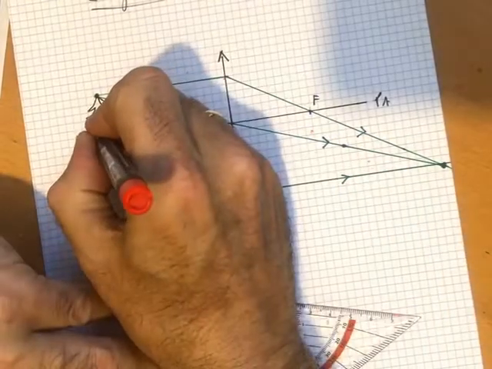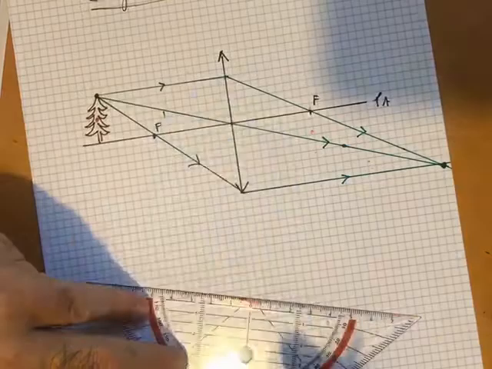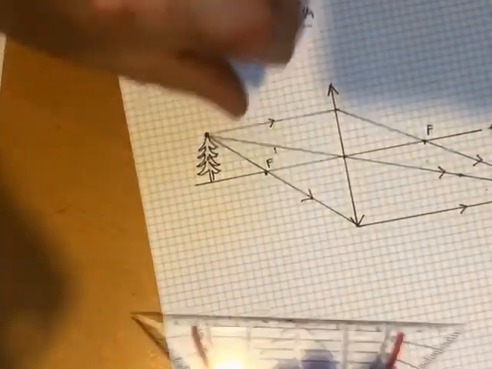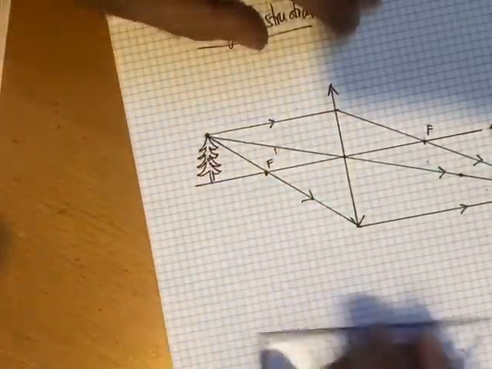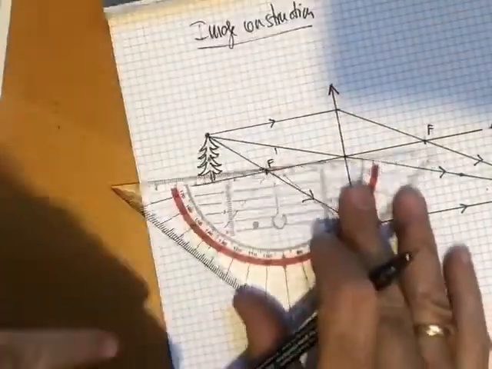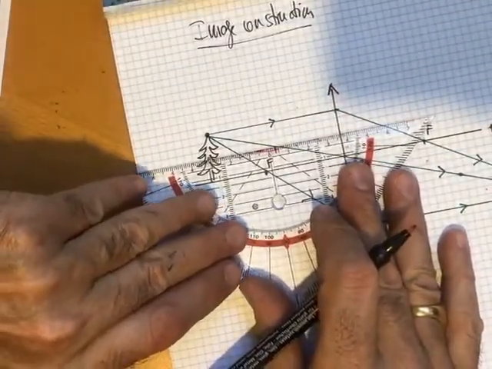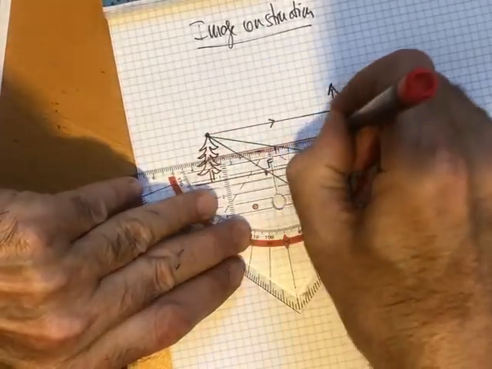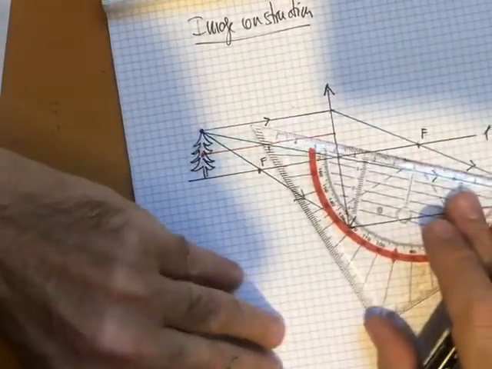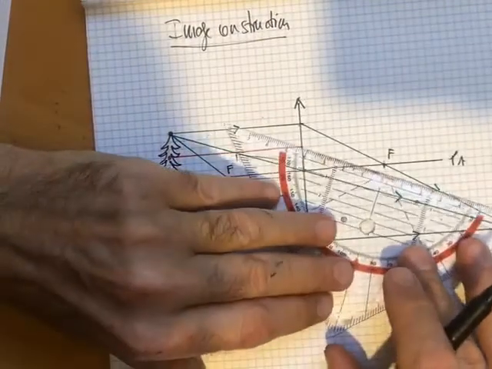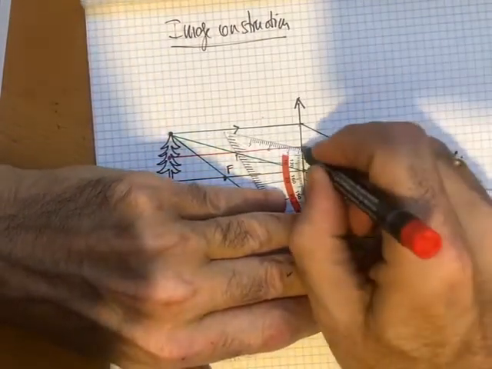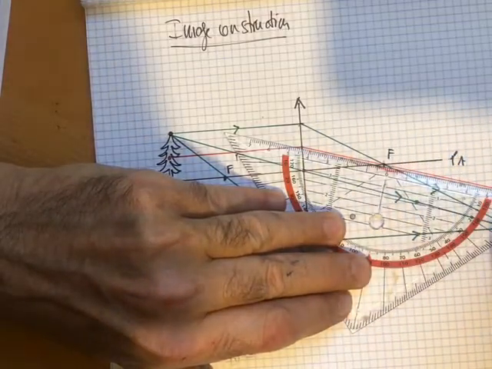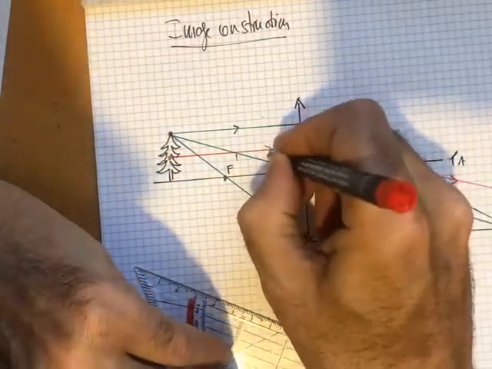Now let's say this point here in the middle of the tree is going to have an image where? Let's draw one ray which is parallel to the principal axis. It's going to go in which direction? Through the focal point. So it's going to go somewhere there.